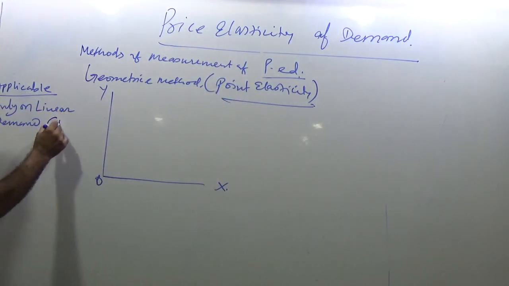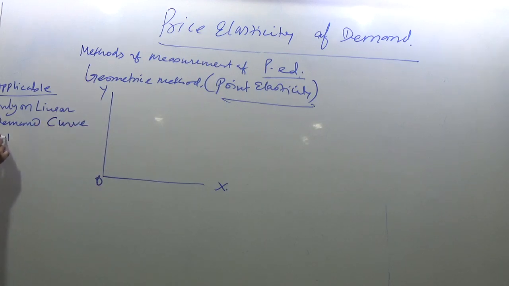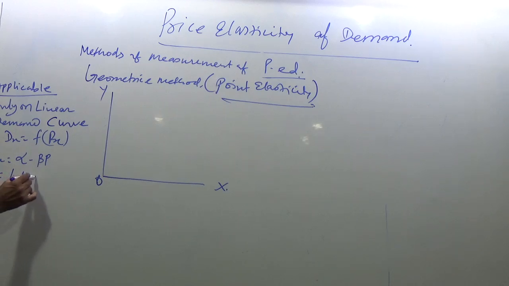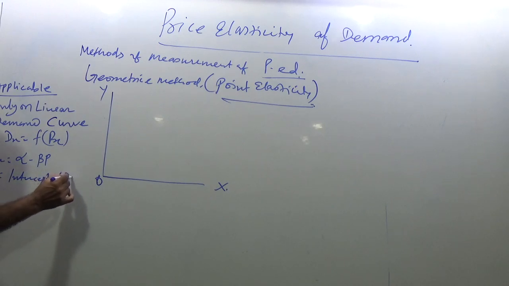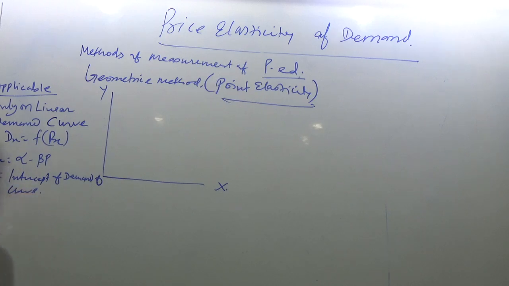Here, Dx is a function of Px, and Dx equals alpha minus beta P. Here, alpha is the intercept of the demand curve and beta is the slope of the demand curve.